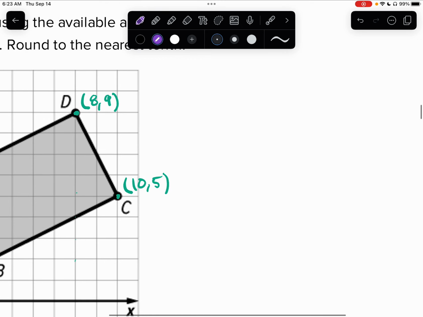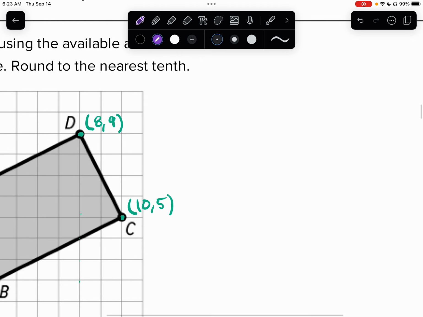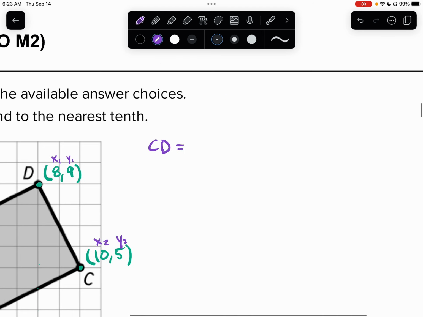So let's see. For DC, or CD, either way, it doesn't really matter. We'll say this is x1 and y1. That's x2, y2. And again, to find out that length, we're using the distance formula. So square root of x2 minus x1 squared plus y2 minus y1 squared.